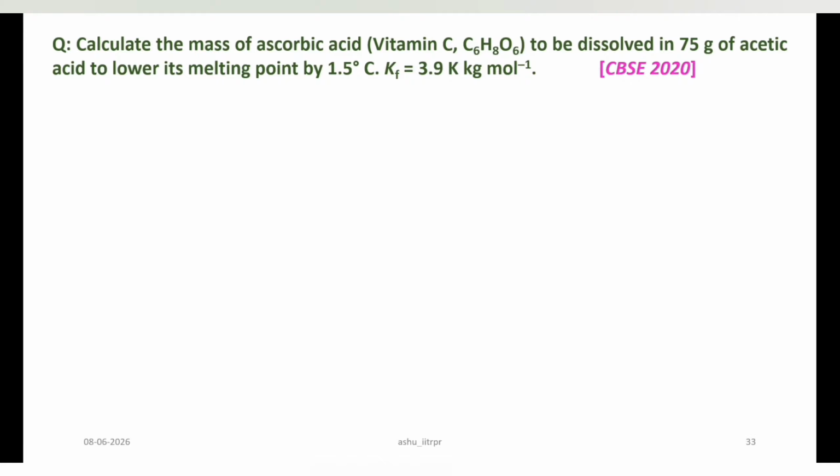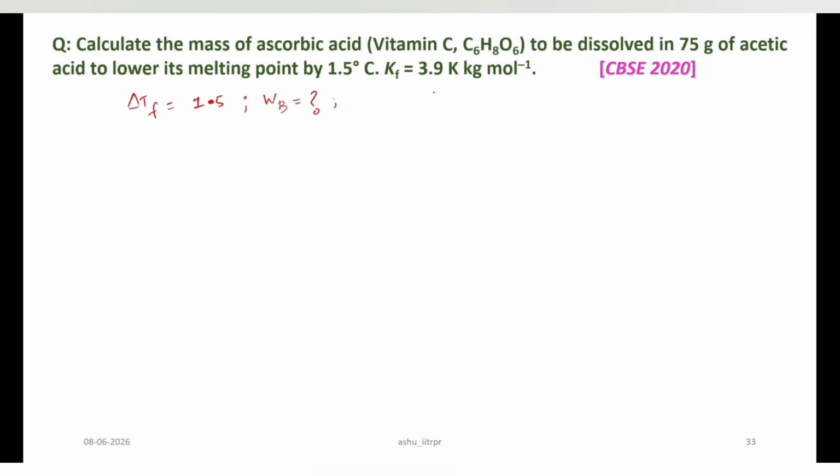That means we have to decrease the freezing point by 1.5 degrees Celsius, so delta TF is 1.5. Even if it is degrees Celsius, the difference is always the same. We have to calculate the mass of ascorbic acid, so WB is the aim of this question.